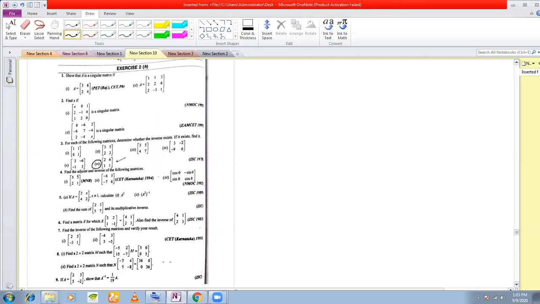I'll do here number 5, 5a. Given A is equal to 2x 4 2, x not equal to 1. Calculate A square.